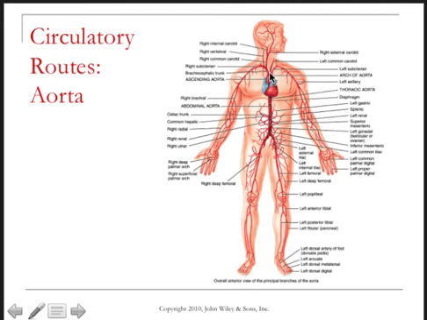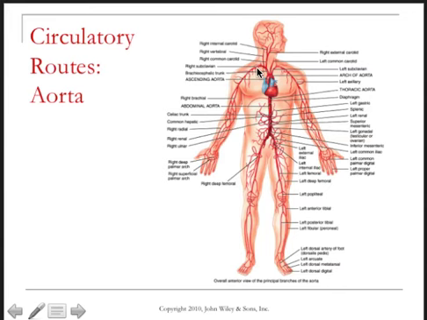So one of the things that you'll notice is that the systemic circulation is not perfectly symmetrical. The right side and the left side are a little bit different. The brachiocephalic branches into the common carotid and the subclavian.